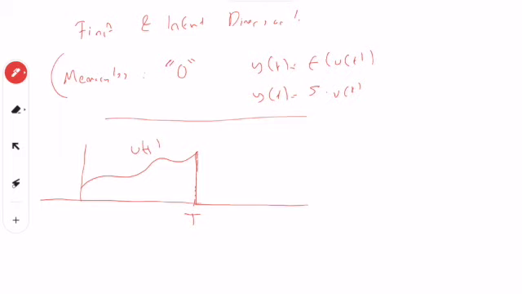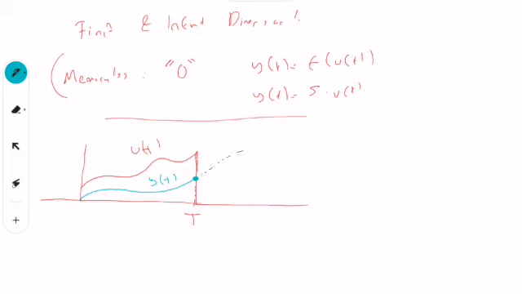And I want to compute my output. And let's assume that my output is like this, until this time. This is my y of t. Now I really wonder what happens after this instant.